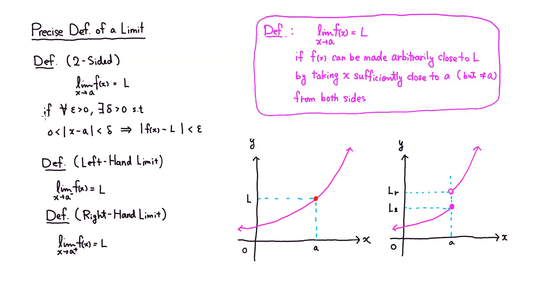So this is the notation for "for all." For all epsilon, a small positive number, there exists.